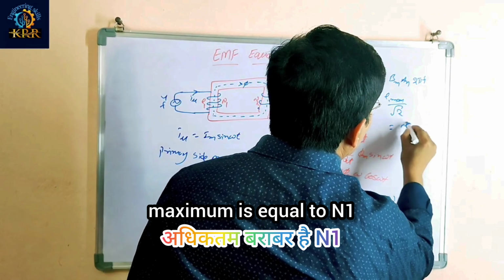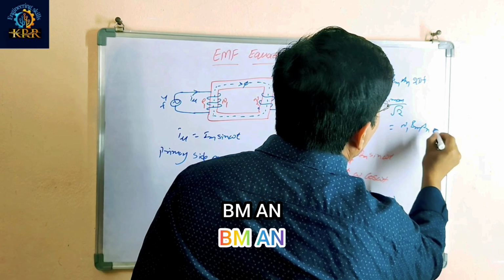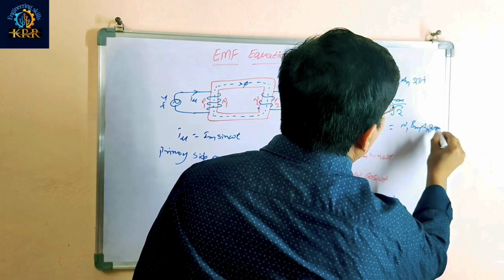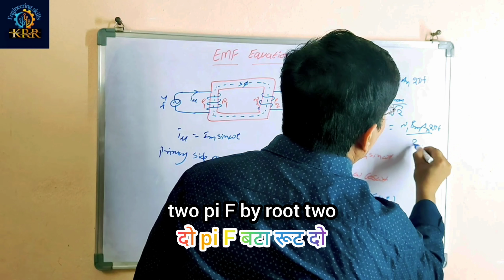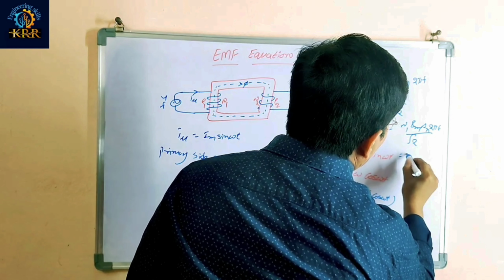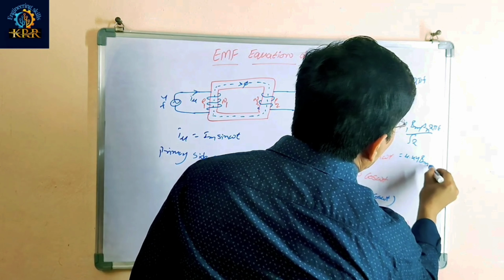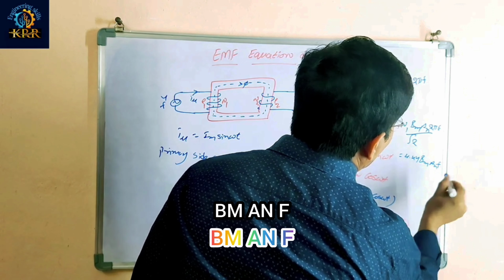E1 maximum is equal to N1 Bm An 2 pi f, divided by root 2, which gives 4.44 N1 Bm An f.